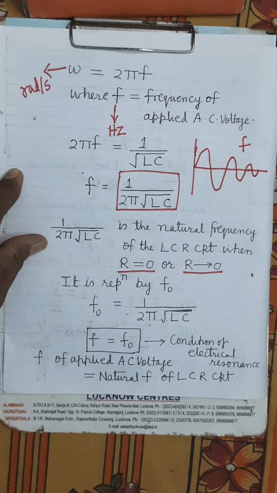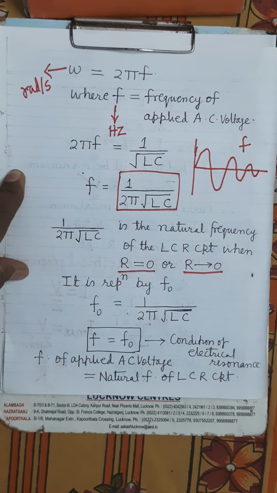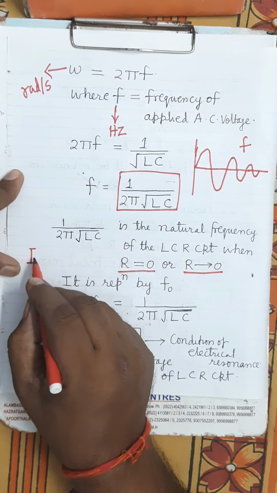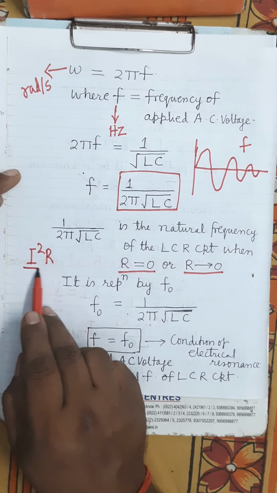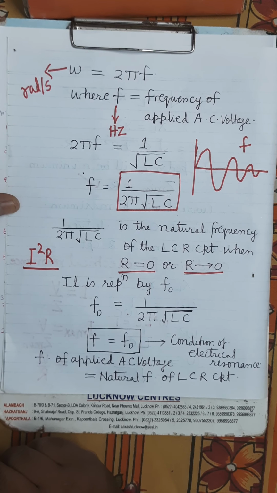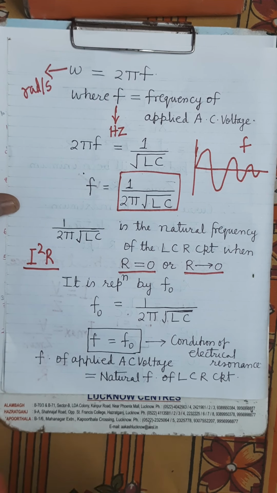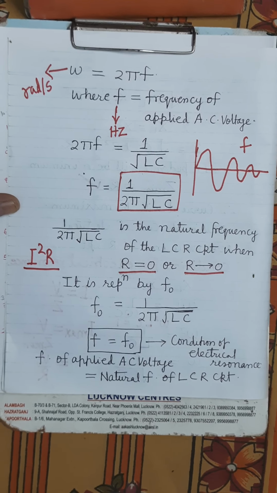So in the same way, if the value of R is significant, then there will be a loss of energy in the circuit. When current flows, this much energy will be converted into heat energy per unit time. And in that case, the value of current will not remain constant with time.